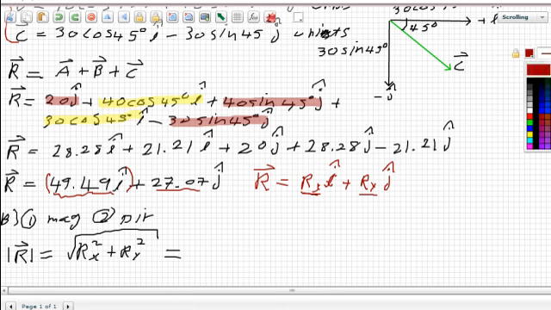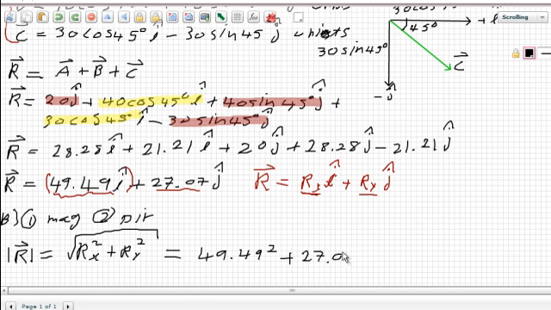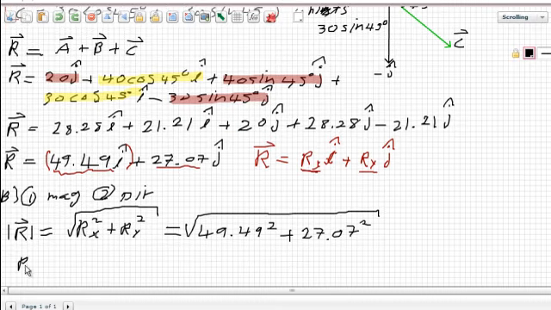So when we substitute for this equation over here, we're gonna put 49.49 squared plus 27.07 squared, and then we take the square root of this whole number. And once we calculate that, we should get the magnitude to equal. Oh yes, also notice that I did not include i and j here. Sometimes students think that they have to say 49.49 i and then square all of it.